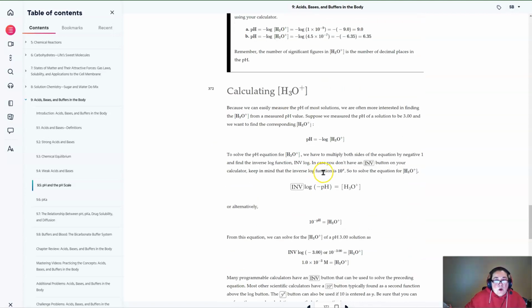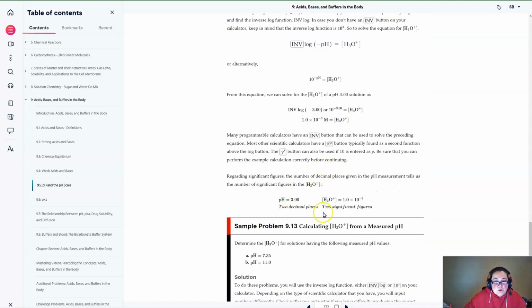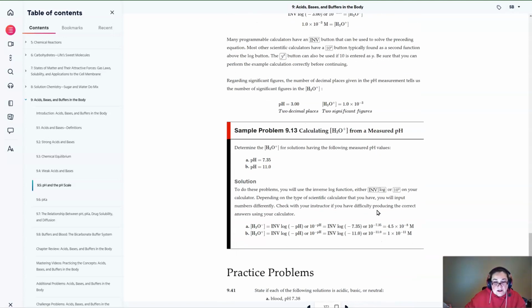All right. Going backwards, the sig fig rule is right here. If the pH value has 2 decimal places, there are 2 significant figures in the hydroxide or hydronium ion concentration. If there's 1 decimal place in the pH, there's 1 sig fig in the H plus concentration.